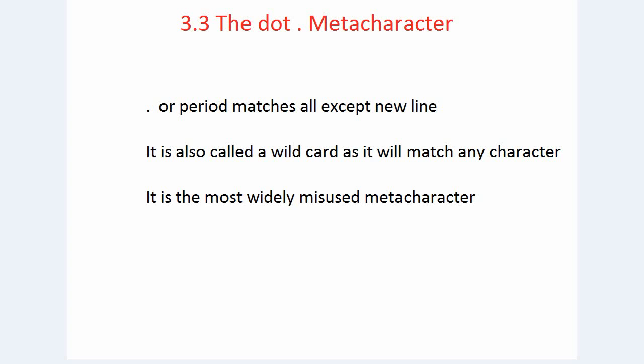However, you have to keep in mind that it is also the most widely misused meta character. So you have to use it with care. The dot matches a single character without caring what that character is. The only exception is line break.